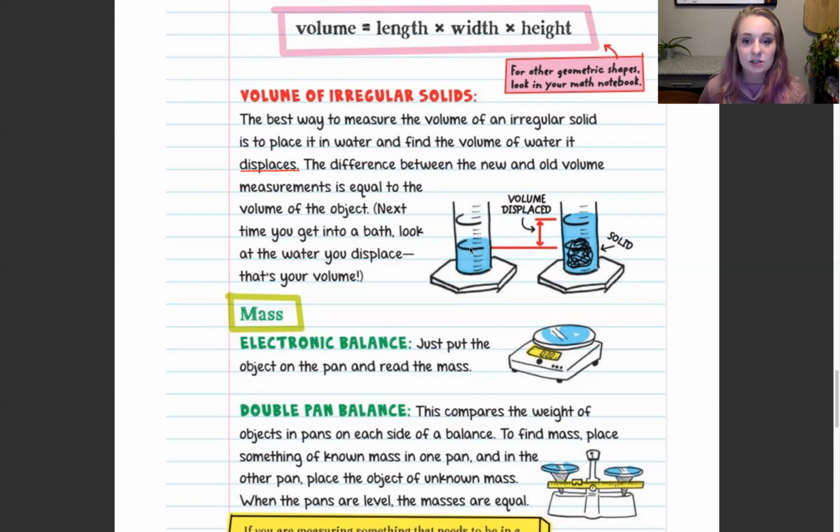There's 10 milliliters of water, then we add this scribble or a solid into this graduated cylinder, and the water level goes up about another 10 milliliters. So that means that this solid inside the graduated cylinder has a volume of 10 milliliters. So it had 10, it went up 10 after we added the solid, so that means the solid is 10 milliliters of volume.